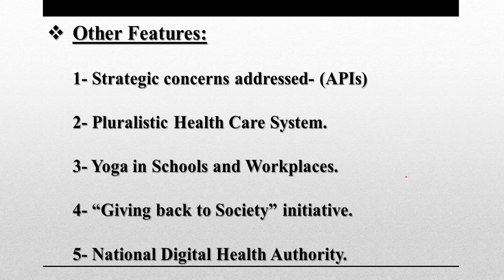Let us move now to other features. Strategic concerns are also being taken care of under this policy. These APIs are being taken care of in the sense that we heavily depend upon China nowadays.